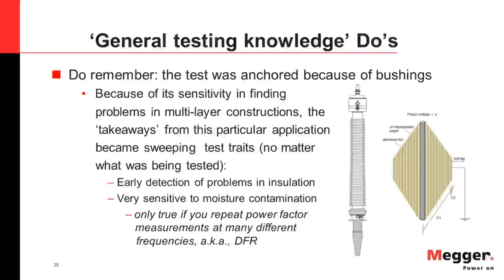And very sensitive to moisture contamination, really in the tap compartment of the bushing via C2 measurements, became simply, hey, this test is very sensitive to moisture contamination. And in many cases, this isn't true unless you're repeating power factor measurements at many different frequencies, in other words, performing a dielectric frequency response test.